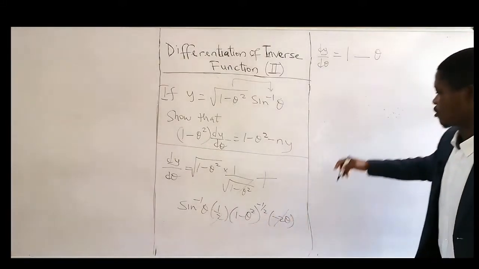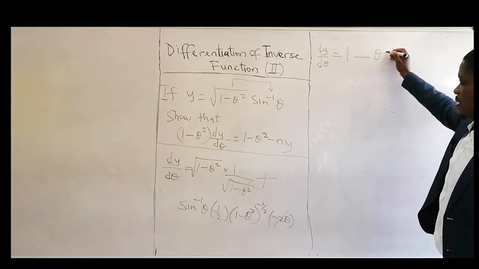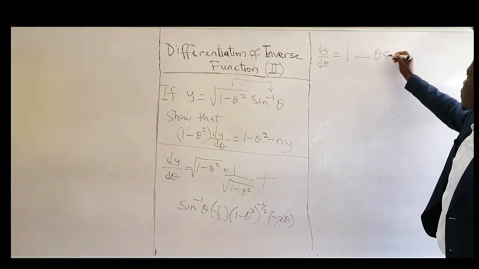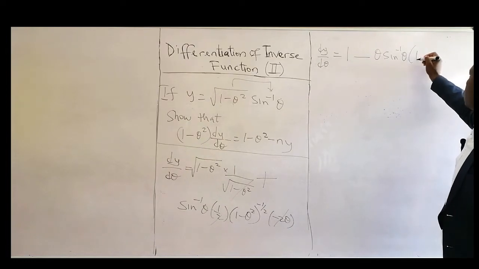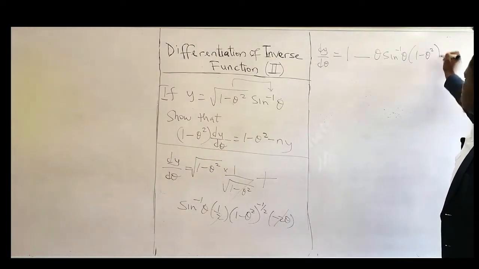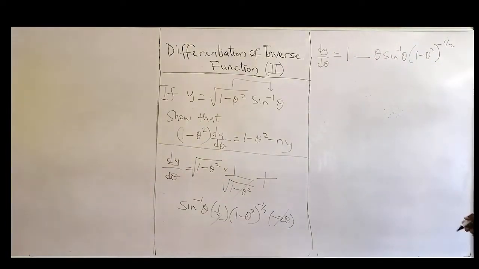Let's just write it there. Theta arc sine theta into bracket 1 minus theta squared over minus half. So that's my first differential.